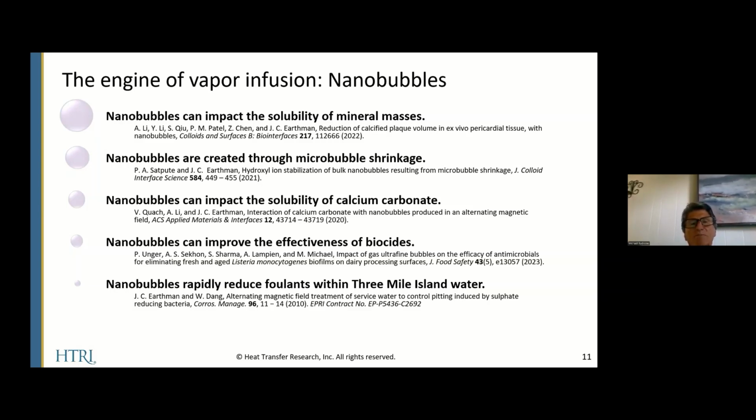So we did a deep dive into what capacity nanobubbles had in the reduction and prevention of scale, whether mineral or biological. And what you see here is just a small number of studies that have shown that introducing nanobubbles have the capacity to not only remediate, but also prevent scale formation within a system.